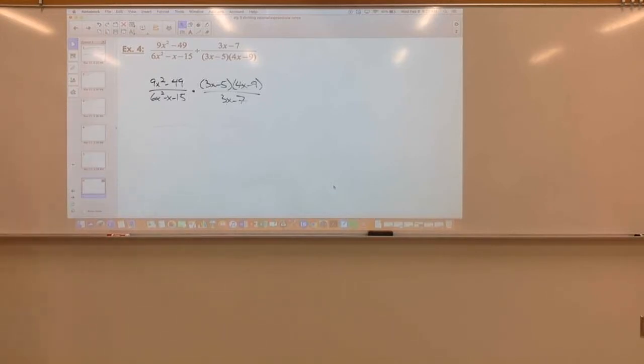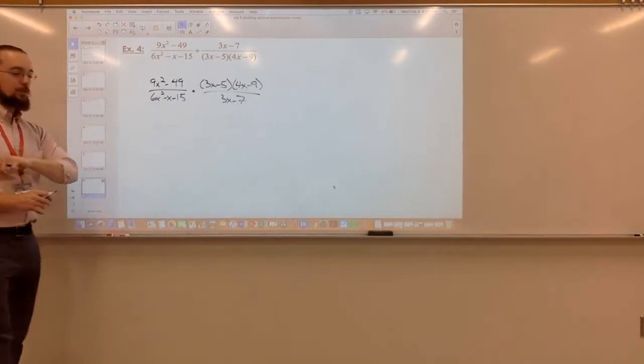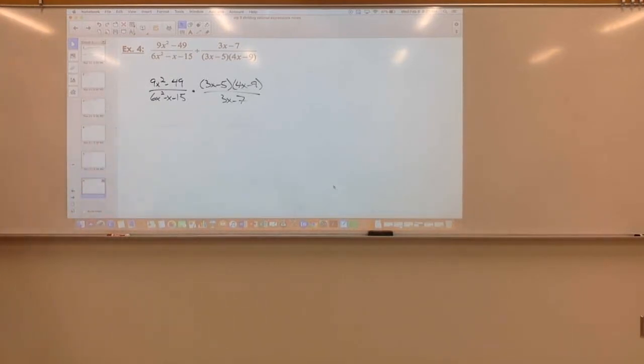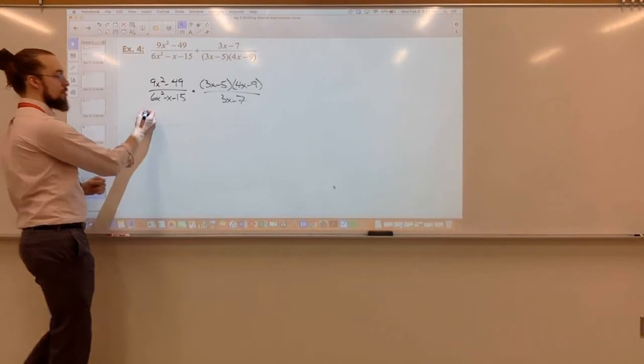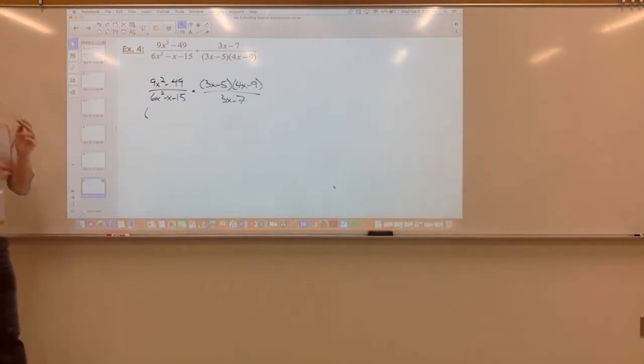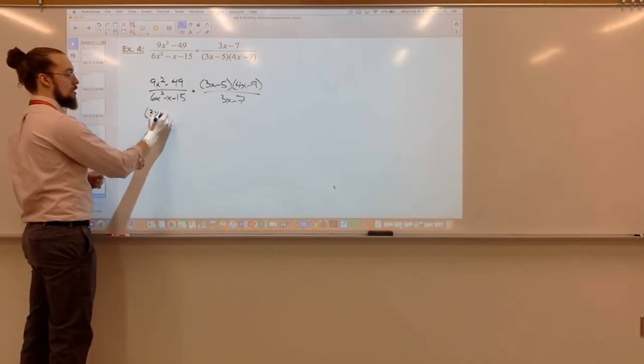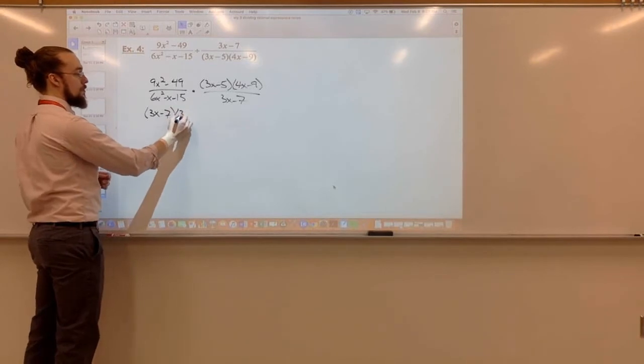It's not a trick question, but there is something we can do. It's a difference of squares. Both of these are perfect squares. Is it going to be 3x minus 7? Yep. And then 3x plus 7.